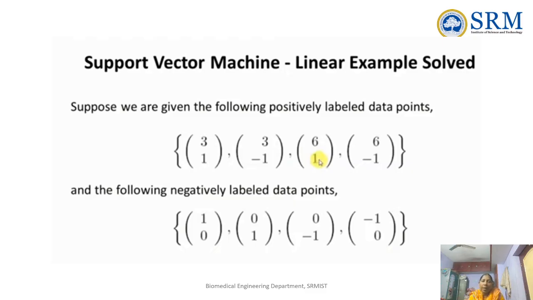That is our ultimate aim. The positively labeled data points are (3, 1), (3, -1), (6, 1), (6, -1). And the negatively labeled data points are (1, 0), (0, 1), (0, -1), (-1, 0). These are the data points.